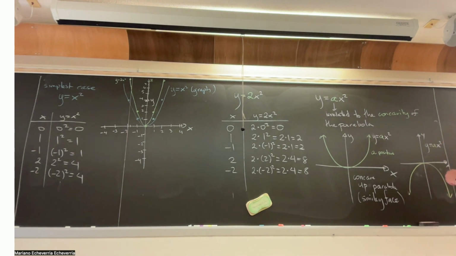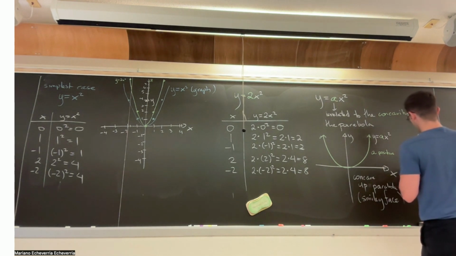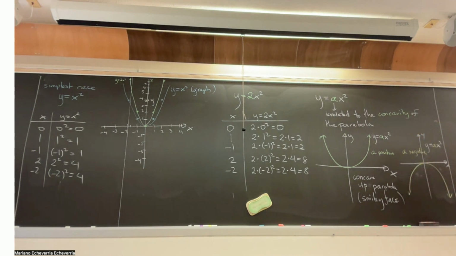Here a is negative, and it points down, so that's why it's called a concave down parabola. And again, if you think about it in terms of a face, it's kind of like a sad face, so it matches how you would refer to it in terms of mood.